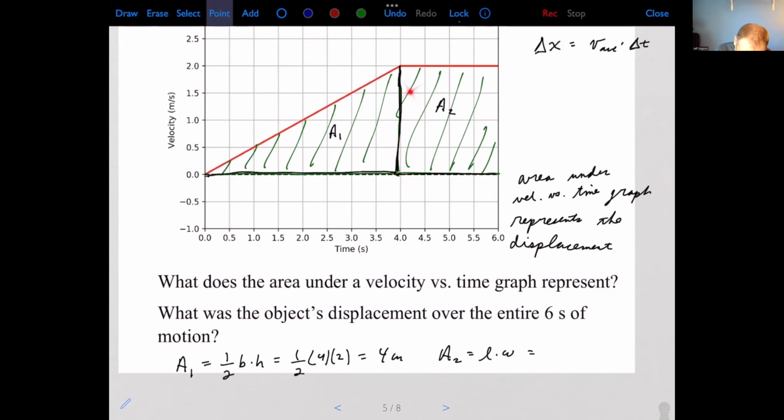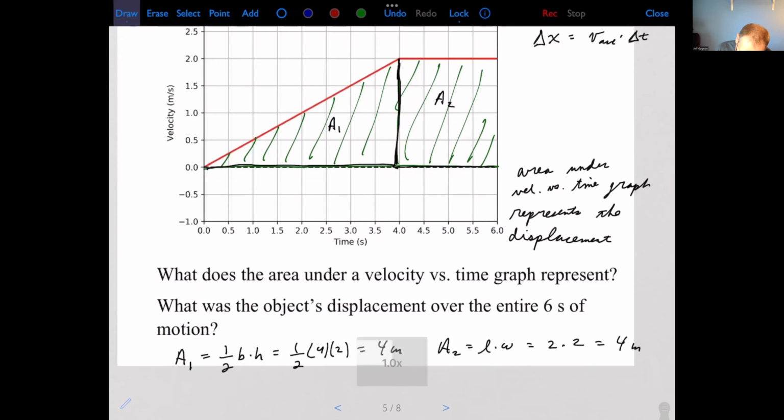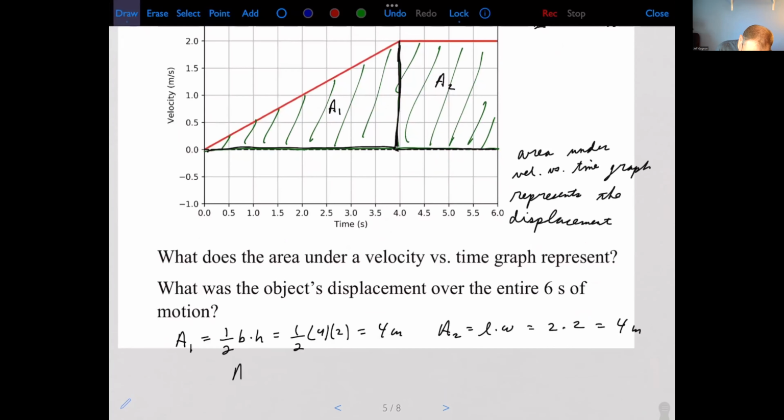And the width is going to be 2 meters per second. So this is 2 times 2, which is also 4 meters. And if I add those two together, so that's going to be 4 plus 4, I'm going to get 8 meters.